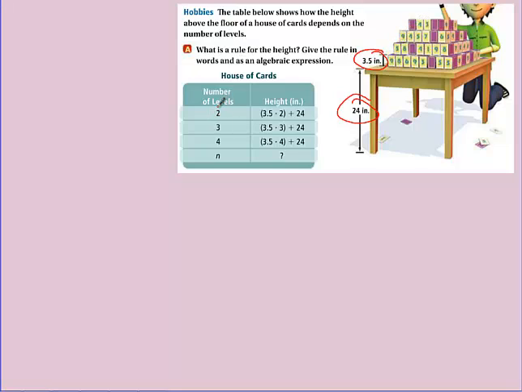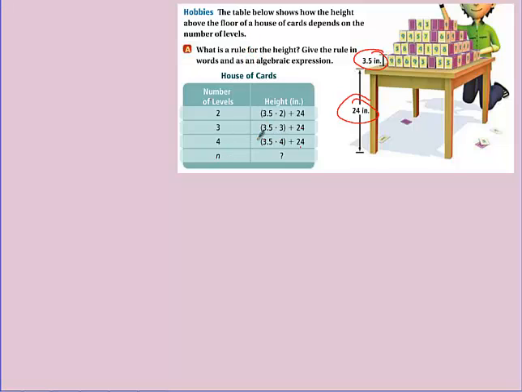So what happens when you grow the number of levels, like you only have 2 levels here, the height is going to be 3.5 inches times the 2 levels plus 24. You're always going to have this plus 24 out here because that's the height of the table, and each level is going to add another 3.5 inches. So what's the rule for the height?